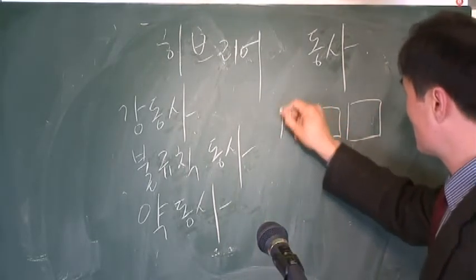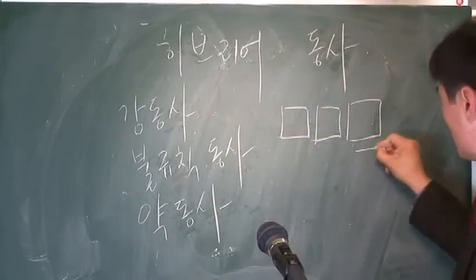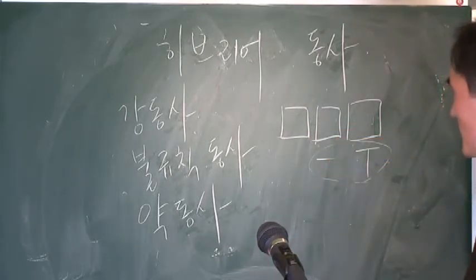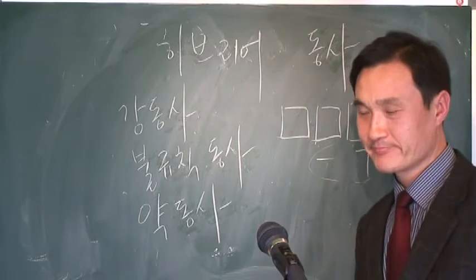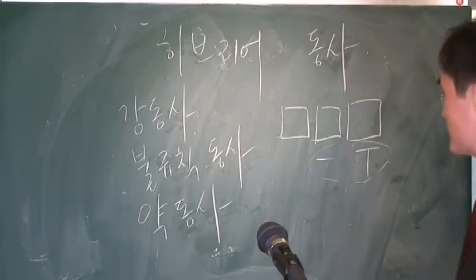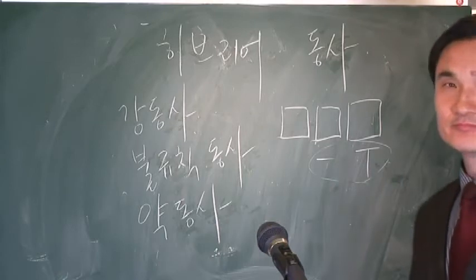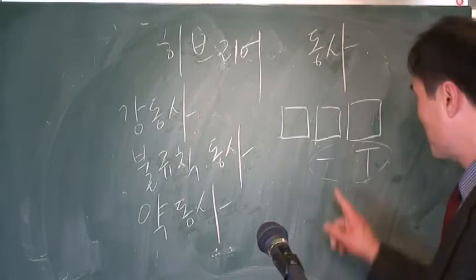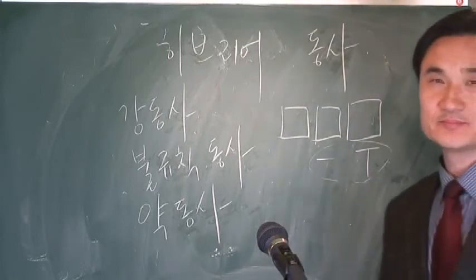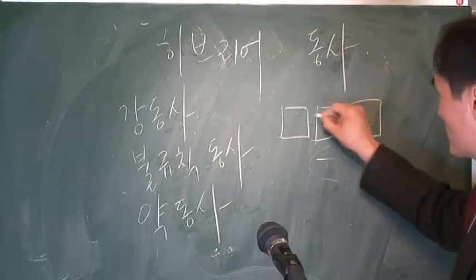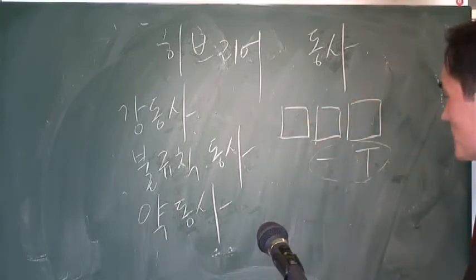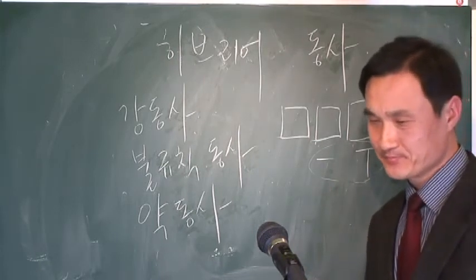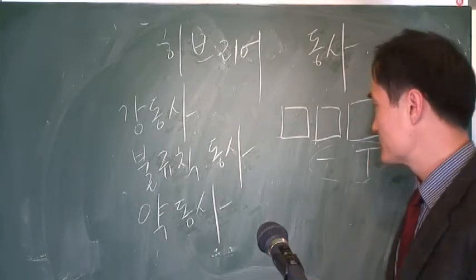Hebrew verbs are basically made up of 3 kinds of consonants and the basic vowel forms kamets and patak. All 23 Hebrew consonants can be put in the squares here.